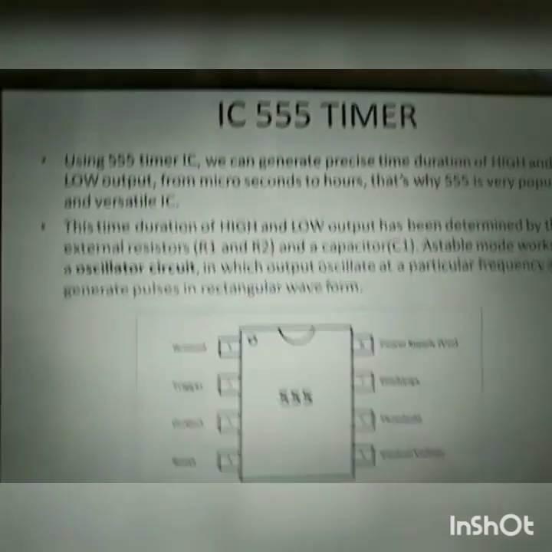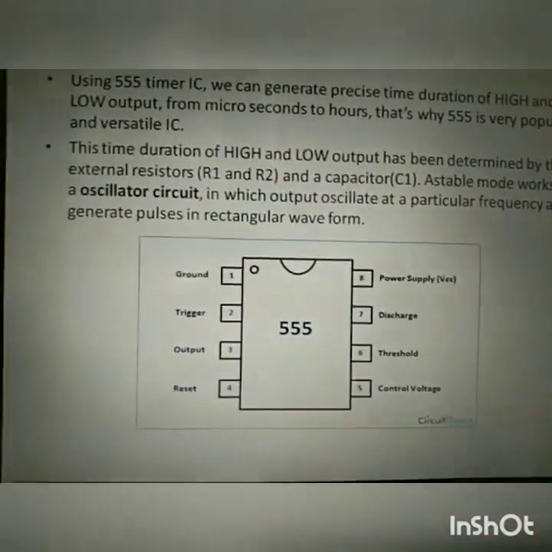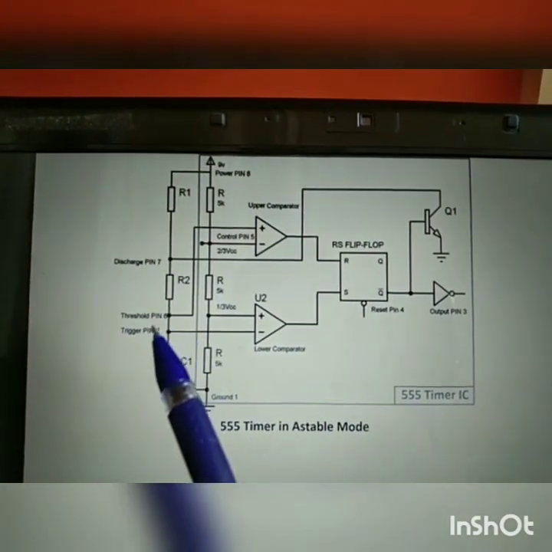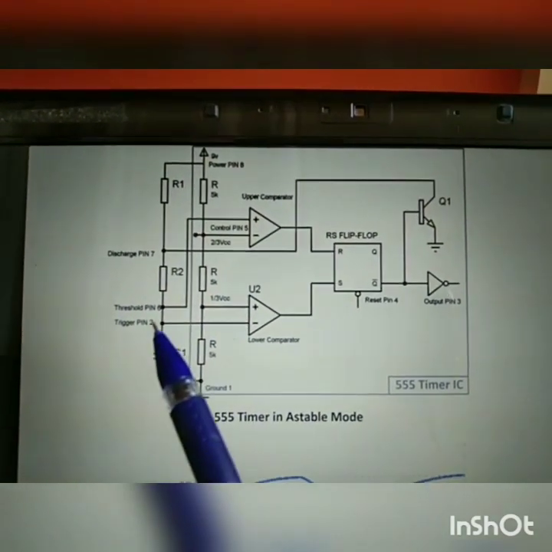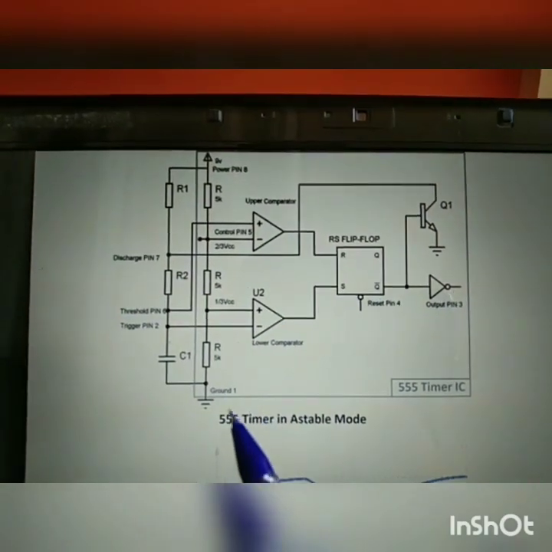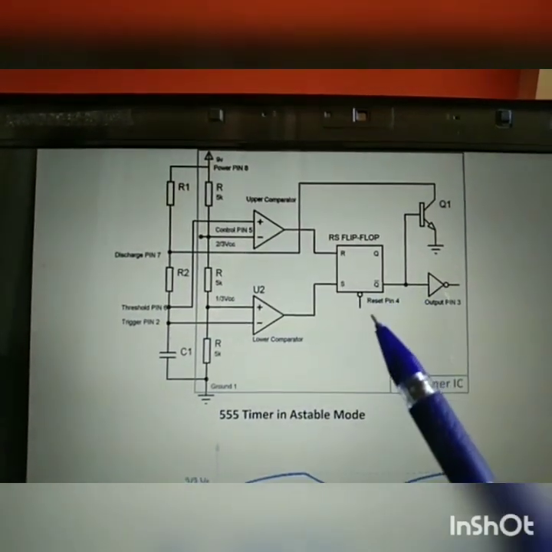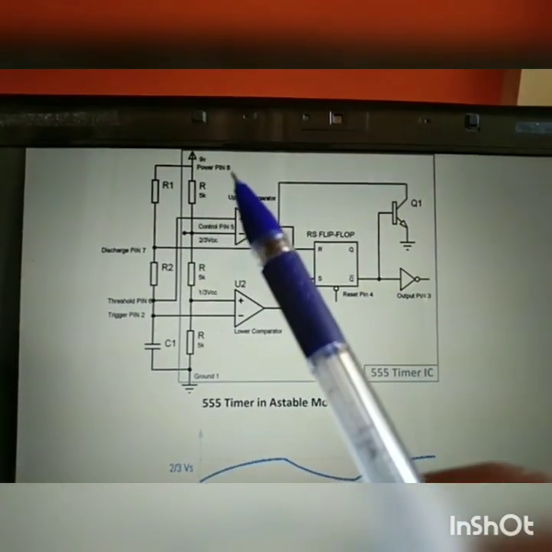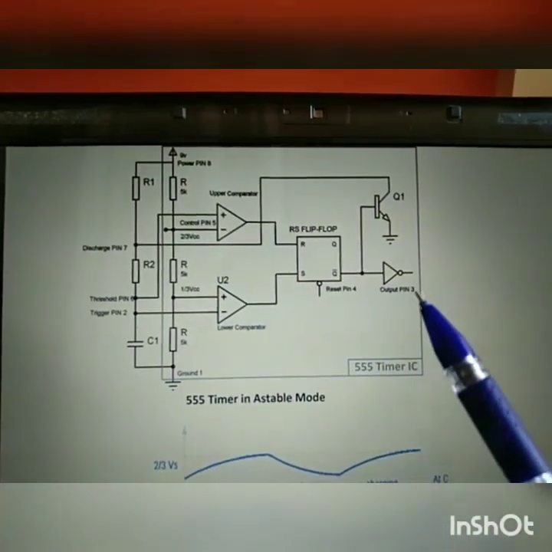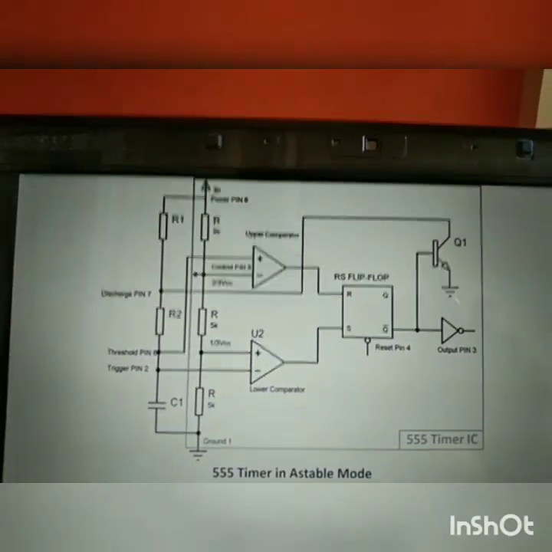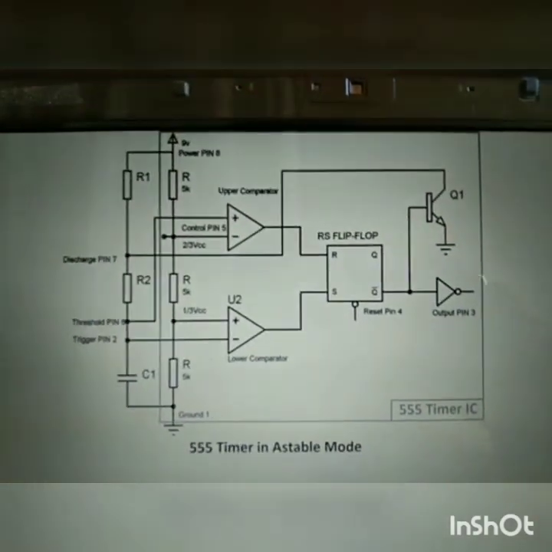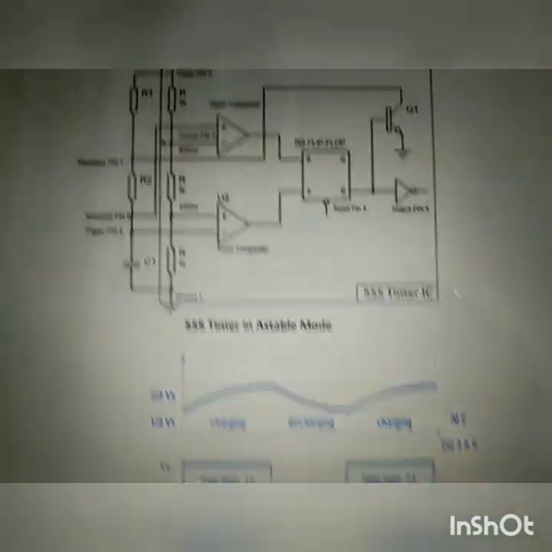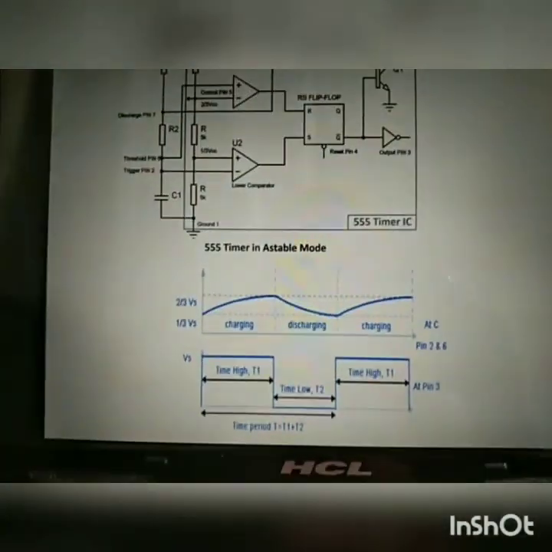All 8 pins are used in this circuit diagram: pin number 7 is the discharge pin, pin 6 is the threshold pin, pin 2 is the trigger pin, pin 1 is ground, pin 4 is reset, pin 8 is power supply, and pin 3 is the output. This is the circuit diagram, and this is its output waveform.